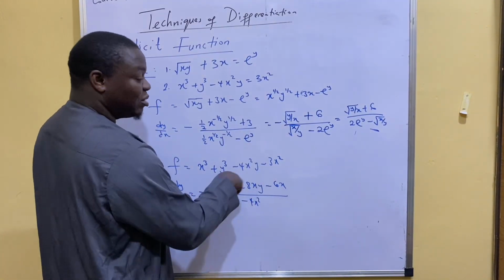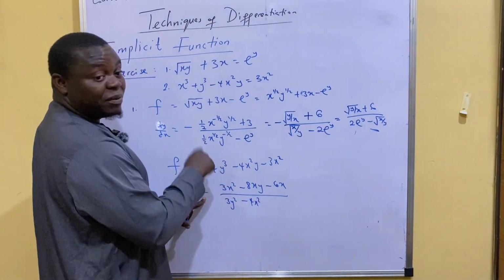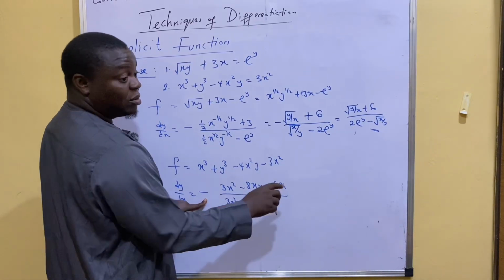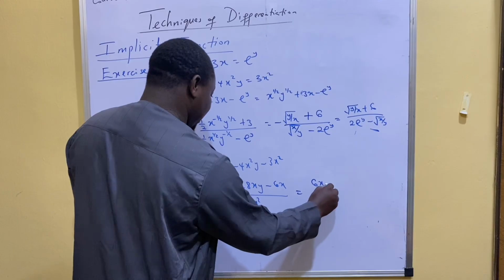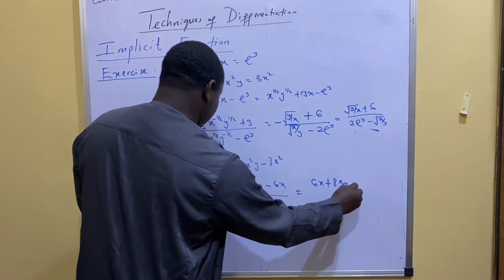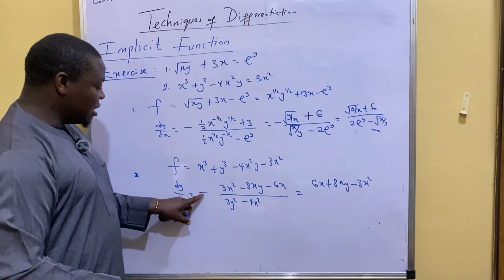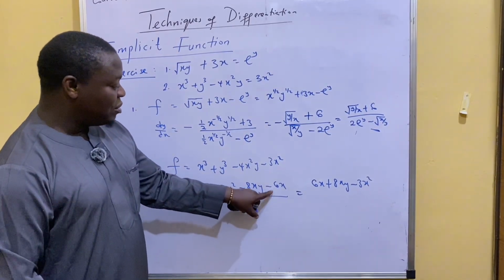Okay. So now we are having minus and minus here. I can multiply the numerator by minus or decide to multiply the denominator by the minus. But you can't multiply both of them. You can either multiply the numerator by the minus or denominator by the minus. So that if it is numerator, it will become 6x plus 8xy minus 3x squared. I decided to write the positive one first. Look at this. This would have given us minus 3x squared plus 8xy plus 6x.